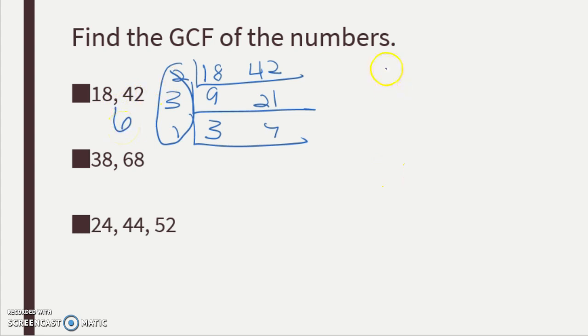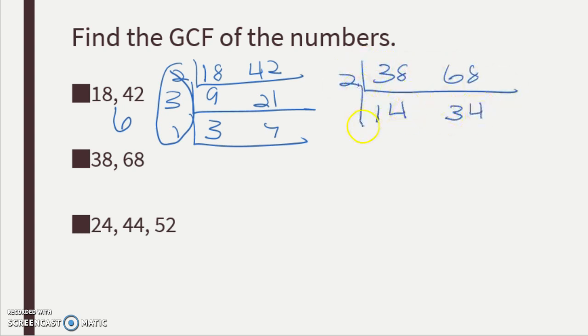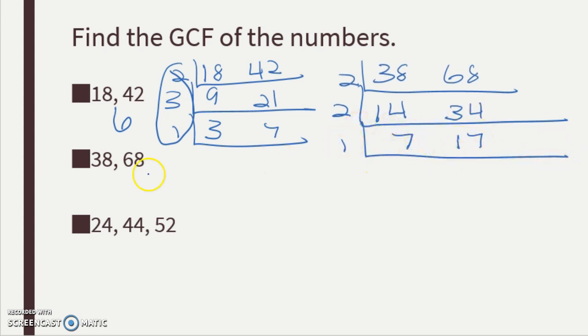Then if we look at our second one, 38 and 68, take out a 2, 14 and 34, take out another 2, 7, and that is going to be, let's see here, that is 17. That is a 1, so our GCF here is going to be 4.